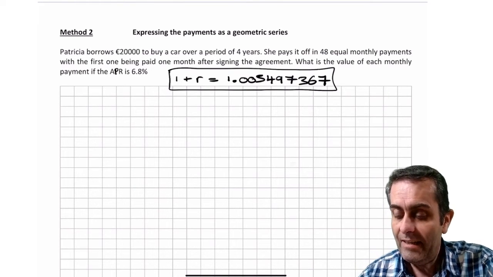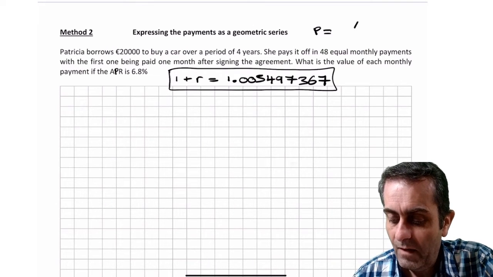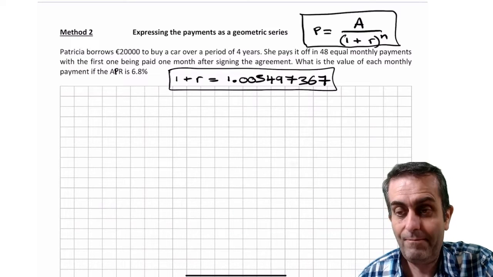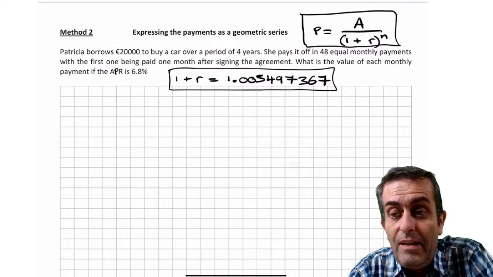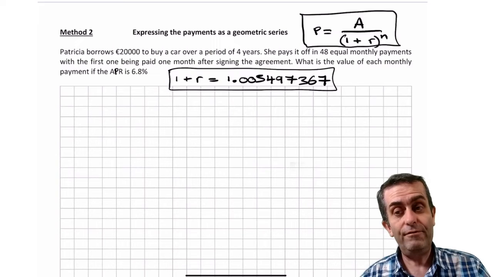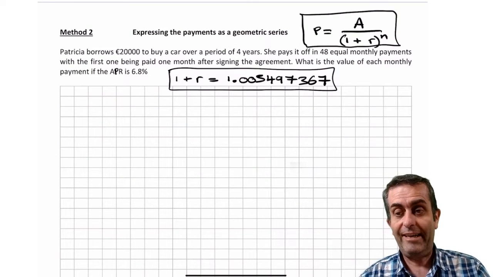Okay? In this method, we use this fact. The present value equals the payment divided by 1 plus r to the power of n, the amount of time which has passed. Now, the simplest way that you can figure this one out is that, as we said in the first video, if you feel that the value of a fund should be going up, you multiply by 1 plus r to the power of little n.